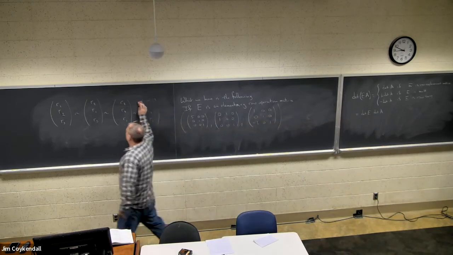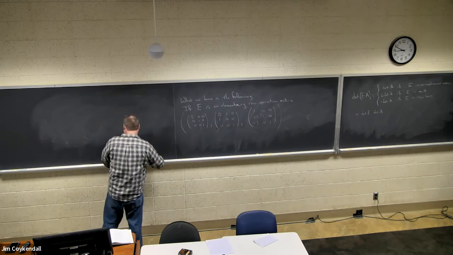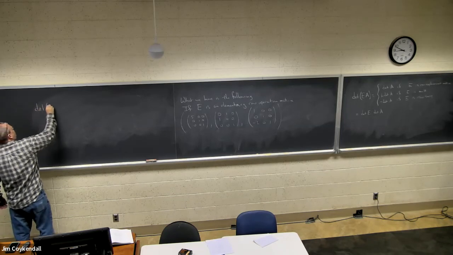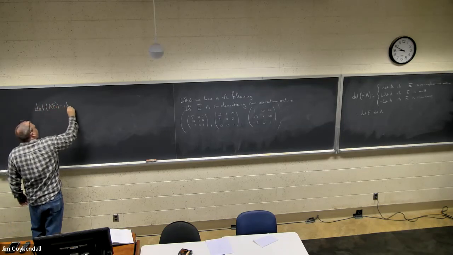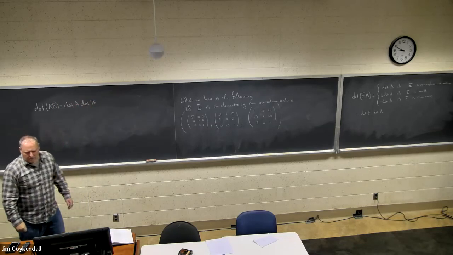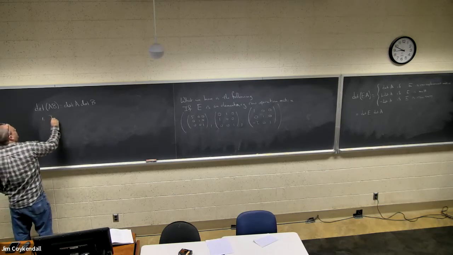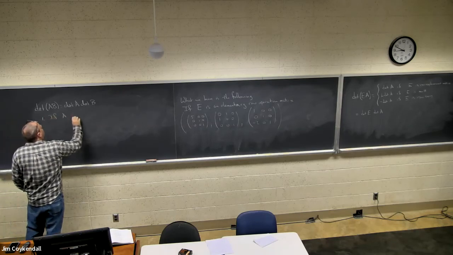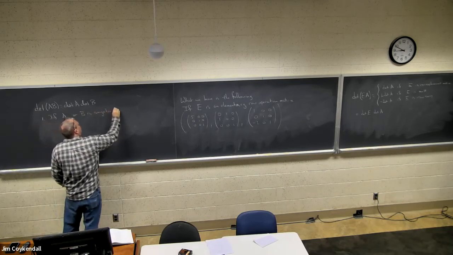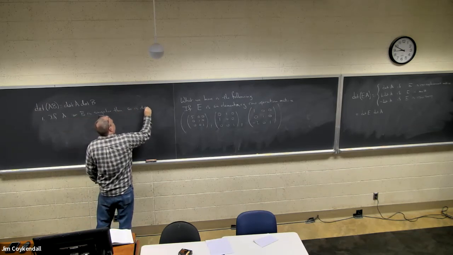So let me give you the big one: the determinant of AB equals the determinant of A times the determinant of B. Let's do a quick sketch of why this is true. Number 1, if A or B is singular, then so is AB.